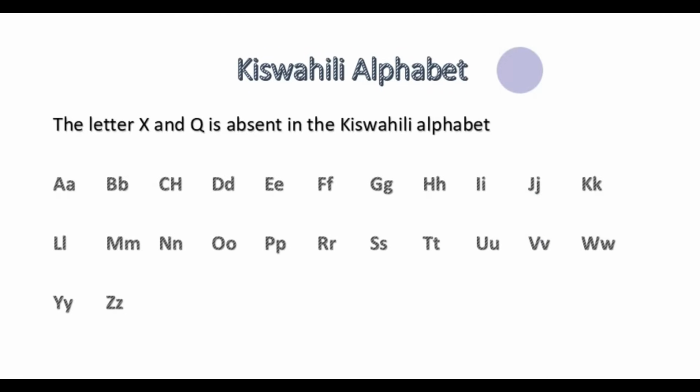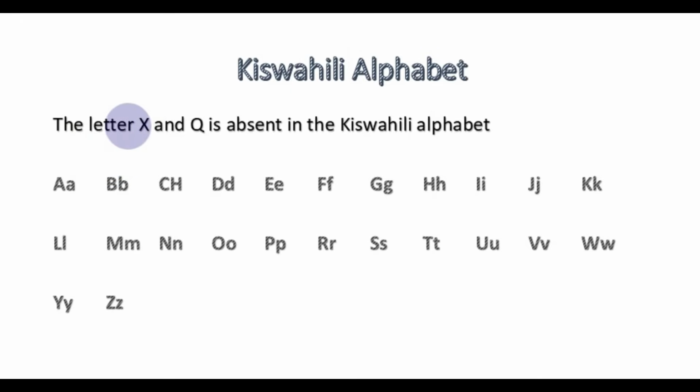Before we go any further, it is important to also look at the Kiswahili alphabet. So there are two things which I want you to note first with regards to the letters of the alphabet in Kiswahili.